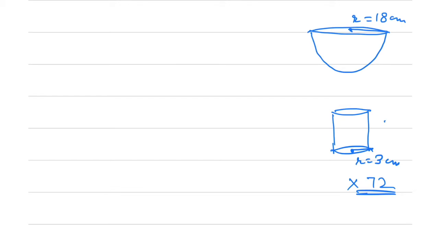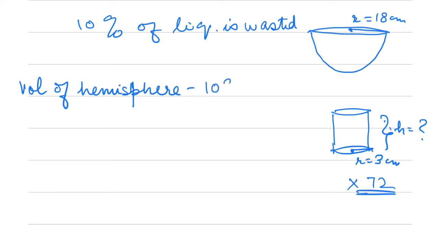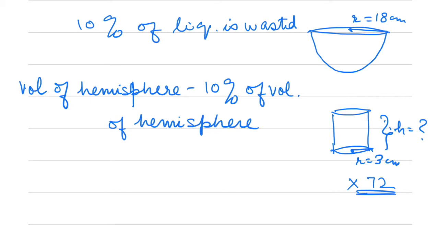We have to find the height. 10% of liquid is wasted. Volume of hemisphere, the liquid in that, minus 10% of volume of hemisphere is equal to 72 into volume of cylinder.